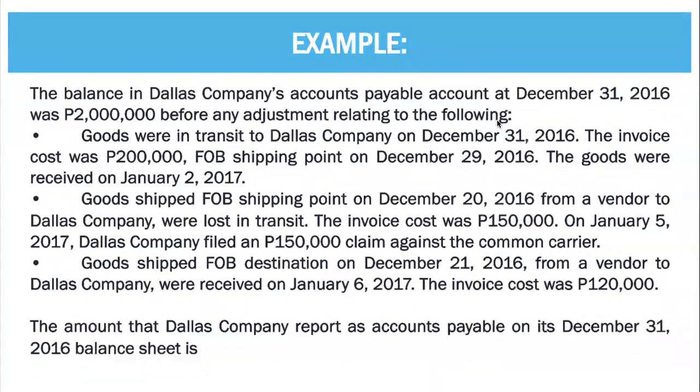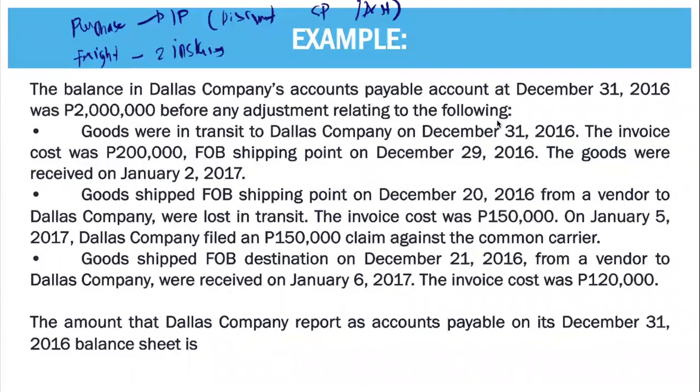So you only have two things to remember in accounts payable. What are those two things? The purchase, which talks about your invoice price. Take note of the effect of your discount and your shipping point or your destination. And then you also talk about your freight. So remember the two instances. Okay? So let's have an example here.